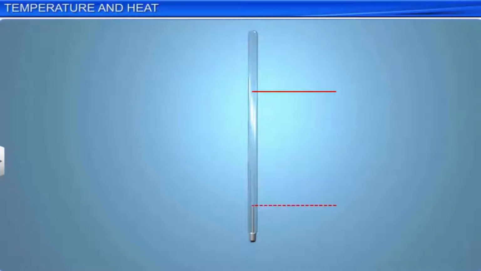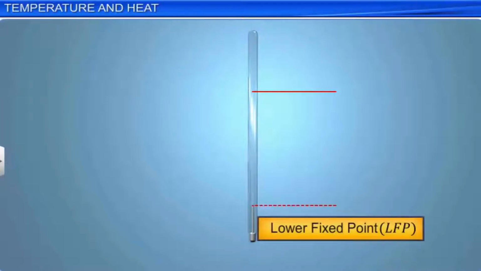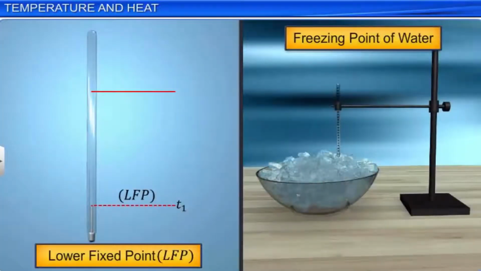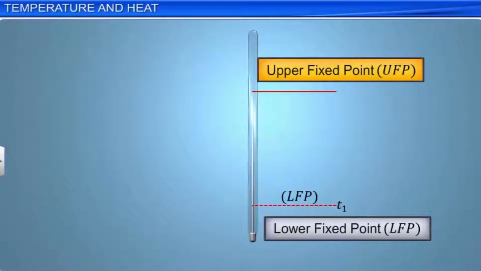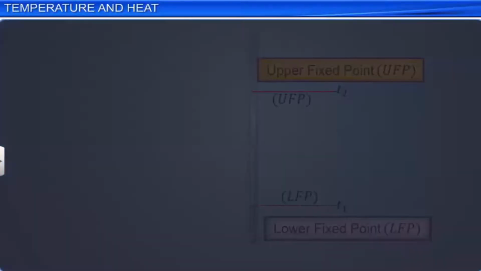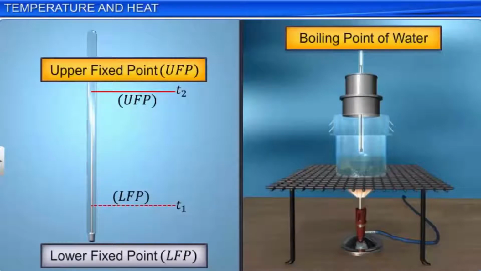Among the two reference temperatures, one is considered the lower fixed point, LFP, at T1, which is the freezing point of water or ice point, and the other one is the upper fixed point, UFP, at T2, which is the boiling point of water or steam point.